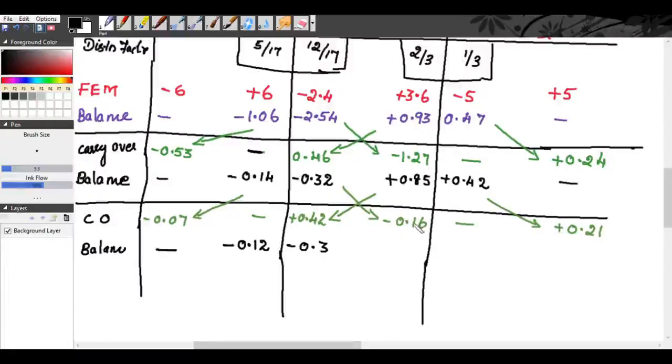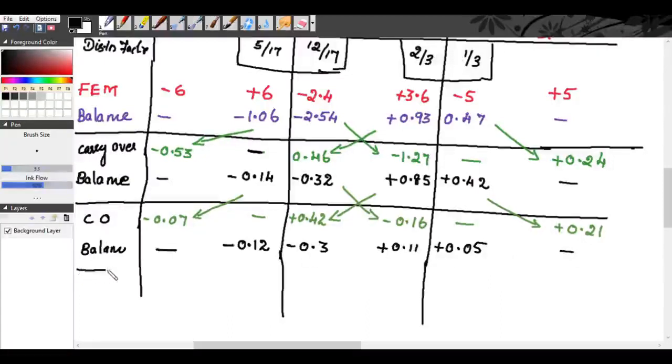Now minus 0.16 multiplied by 2 by 3, we get minus 0.11, so it is plus 0.11. Now minus 0.16 multiplied by 1 by 3, we get minus 0.05, so it is plus 0.05. Here there is no balancing.